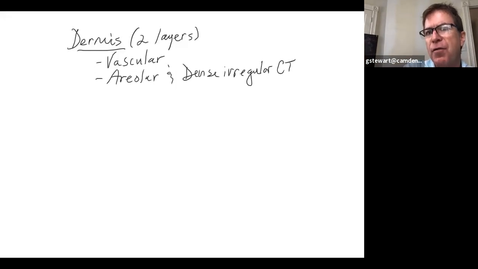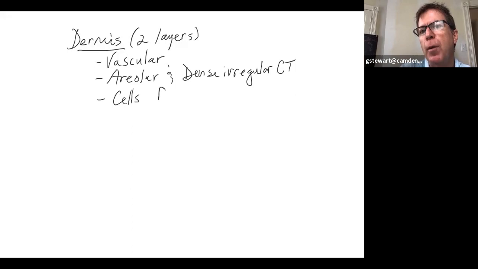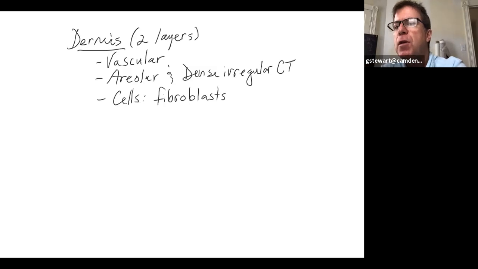The cells that we find are basically fibroblasts. The living cells mostly are fibroblasts, which you know are immature cells that secrete fibers, and immune cells.